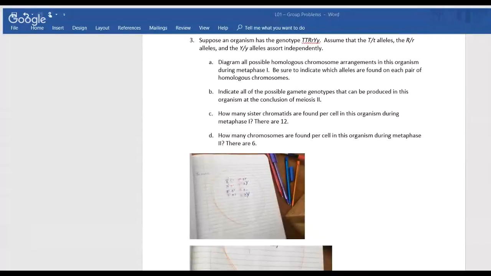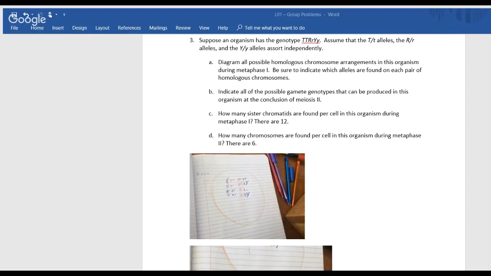Okay, so number 3. Suppose an organism has a genotype TT, big R, little r, big Y, little y. Assume that the big T and little t alleles, the R and little r alleles, and the Y and little y alleles assort independently. So we're talking about independent assortment.